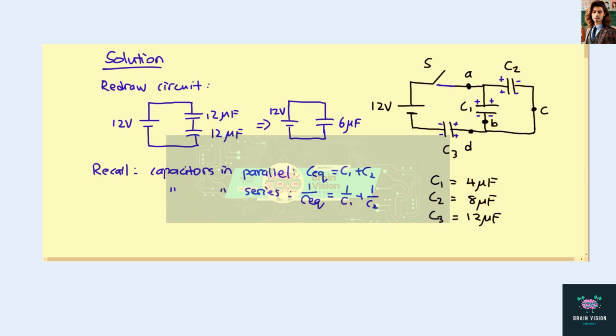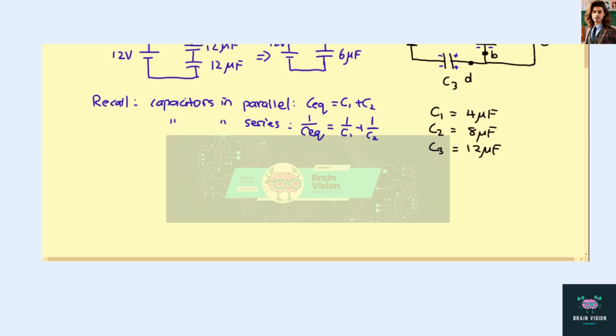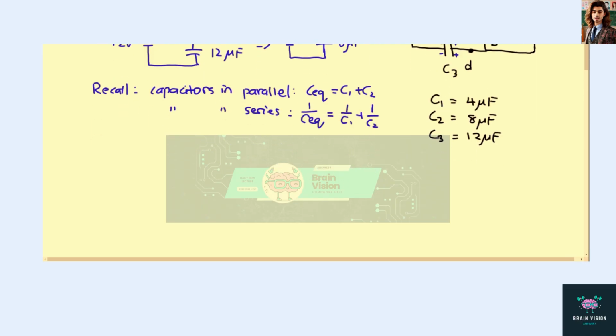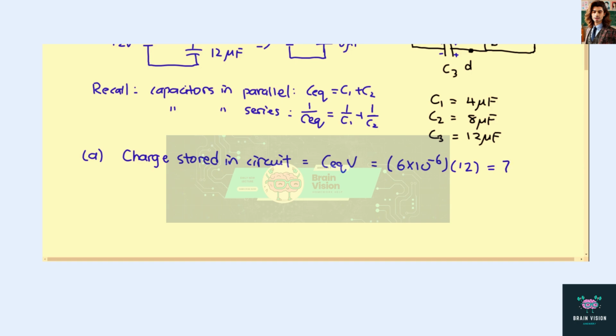From this diagram, you can calculate the charge stored in the circuit. This is equal to C equivalent times the voltage of the battery. So we have 6 microfarad times 12, which gives 72 microcoulomb.